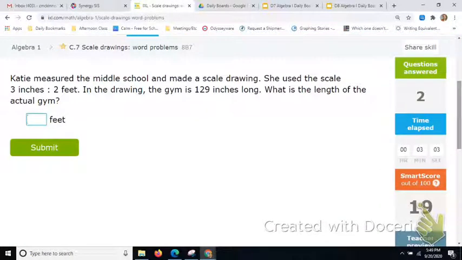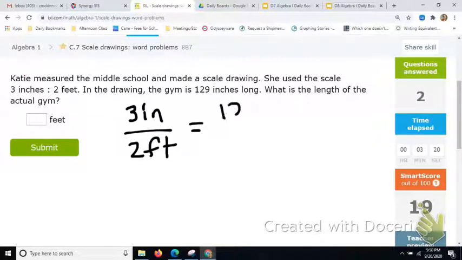So this is going to be a pretty big drawing if the gem is 129 inches long, because that's like a 10-foot long drawing. But okay. So 3 inches represents 2 feet. So this is like the drawing is the 3 inches. 2 feet is real life.